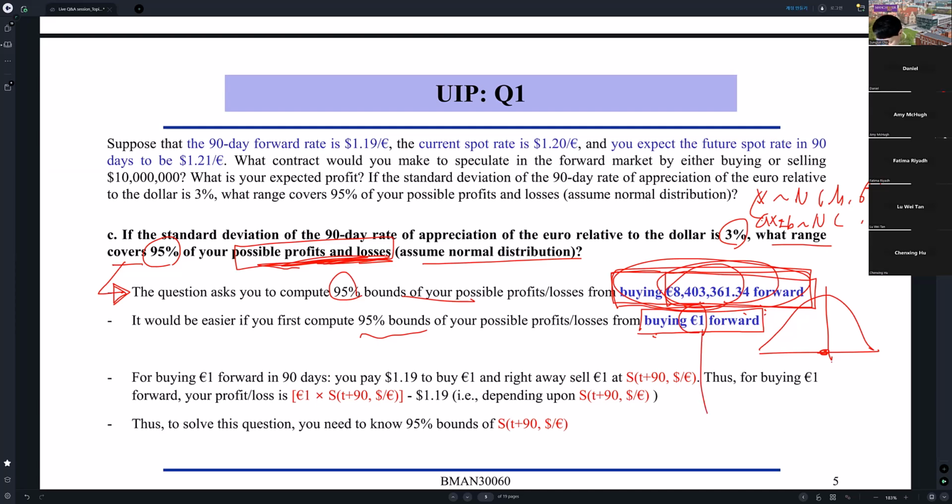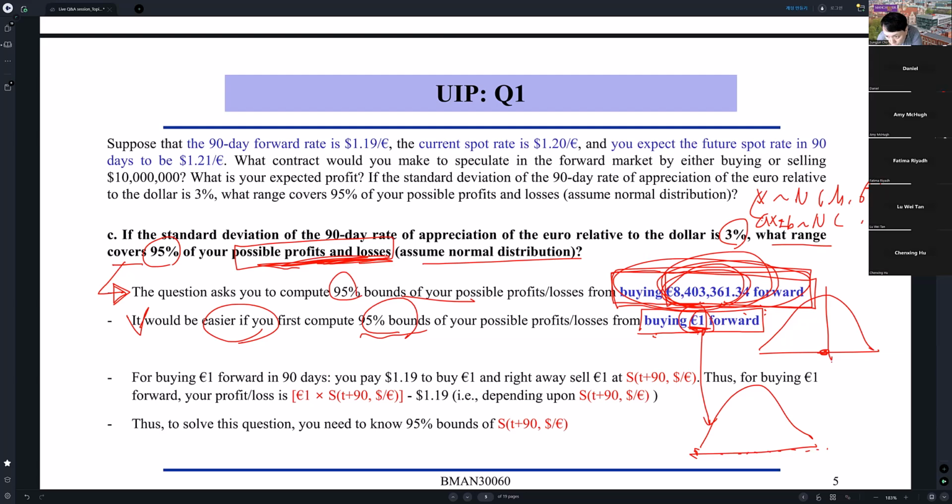It's called normalization. If you get the 95% bound for €1, you can get it for any euro amount. So it's always easier to compute 95% of the normalized value, €1 forward.